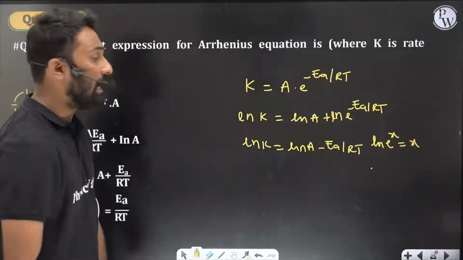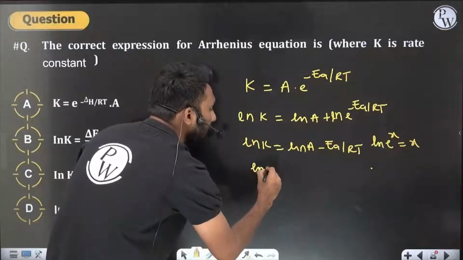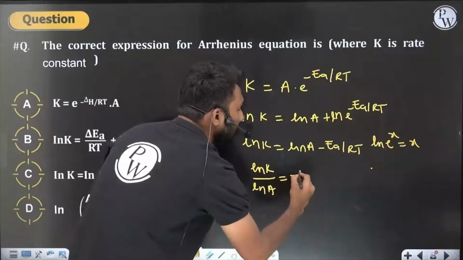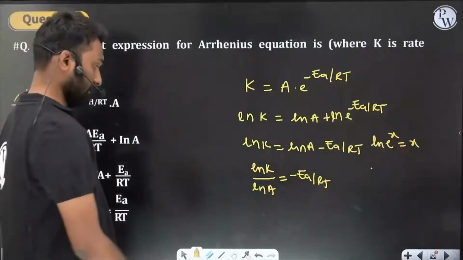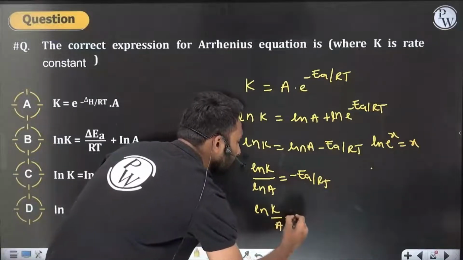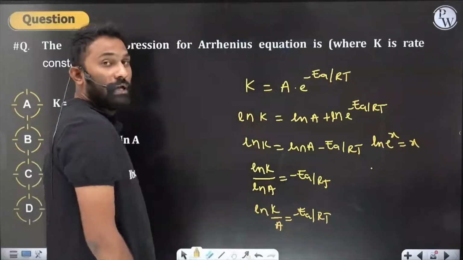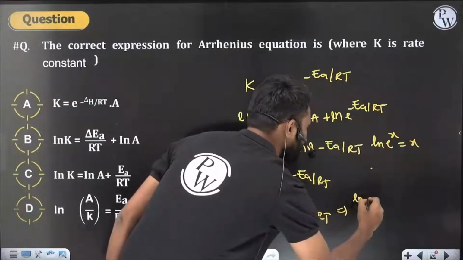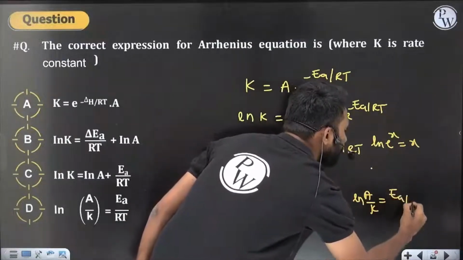Now, if you bring this ln A to the left hand side, then it will become ln K by A is equal to minus Ea by RT. Now, if you bring the negative to the left hand side, then we can write ln A by K is equal to Ea by RT.